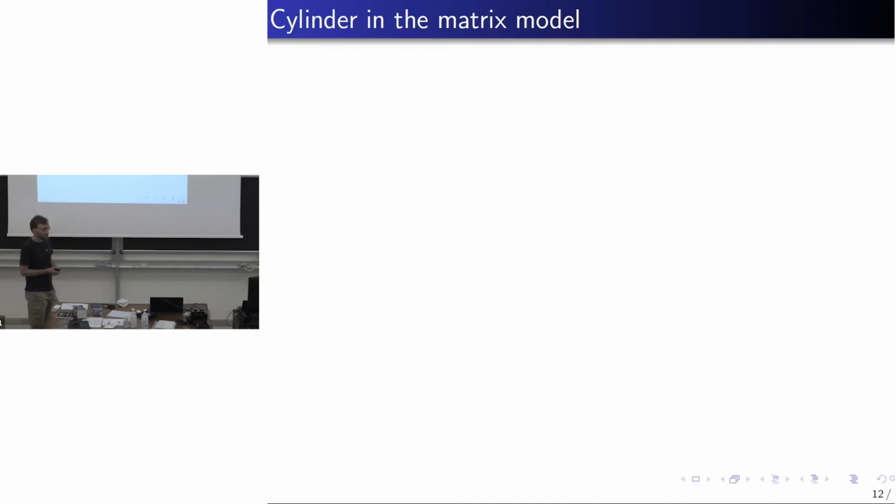Also, if you're interested in going beyond the disk, then something that we were forced to confront in this work is the idea that the details of how you take the double scaling limit matter. This has always confused me.